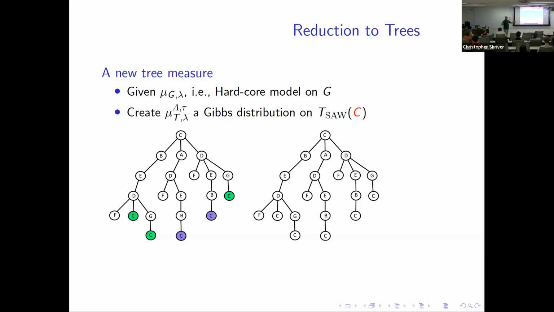We assume arbitrarily an ordering for the vertices. In this specific case, we may assume the alphabetical ordering. Then if the parent of the leaf comes later in this ordering, the leaf is set unoccupied, right? Here we have D, and D comes after C. So this C here, because it repeats, should get a fixed configuration, unoccupied.